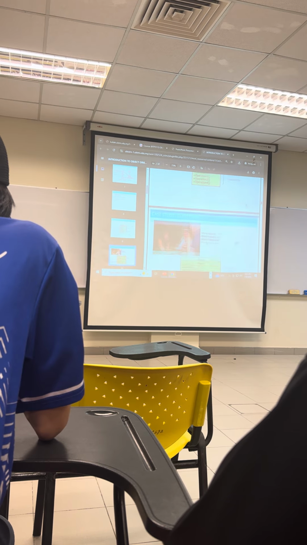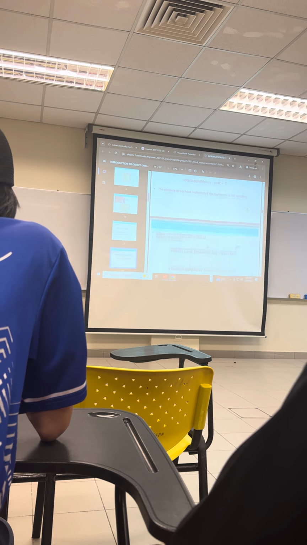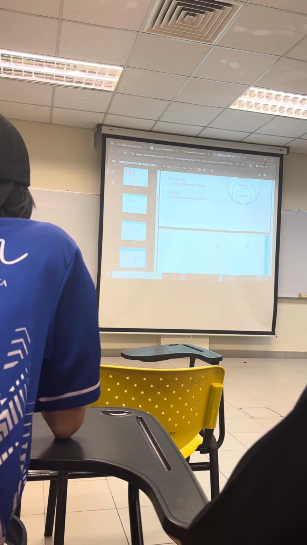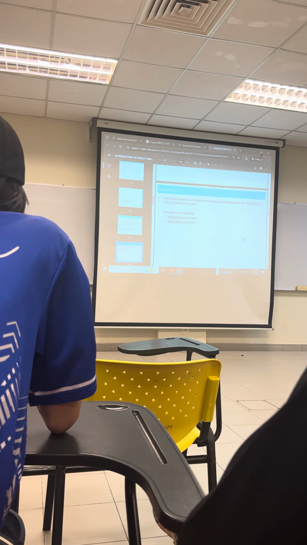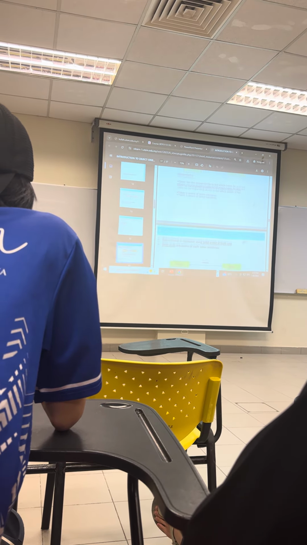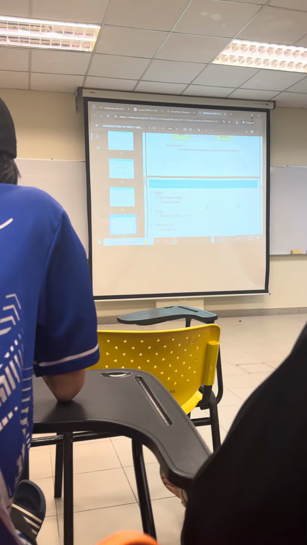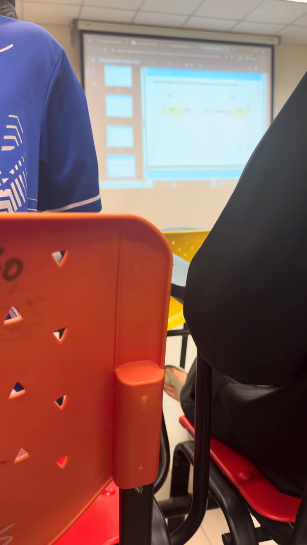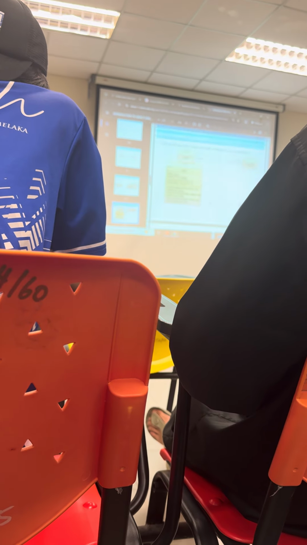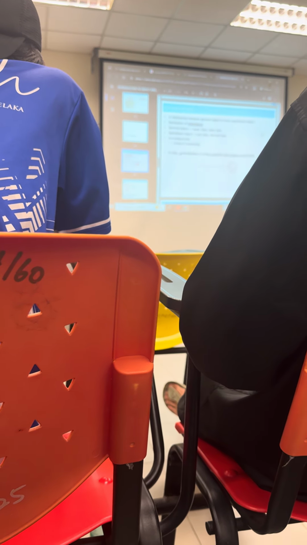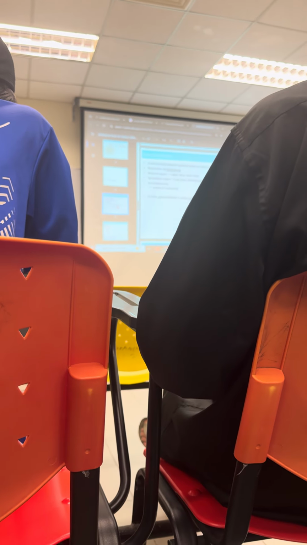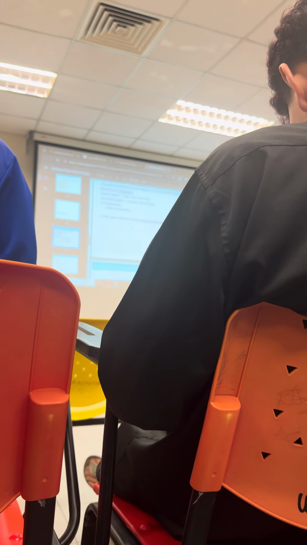Okay, because they will just provide you the UML diagram, and then you need to identify what kind of principle that one is. And then, for example, here. Okay. So this one, generalization.